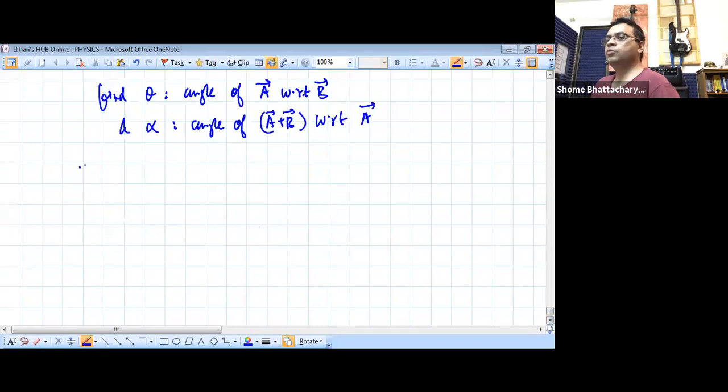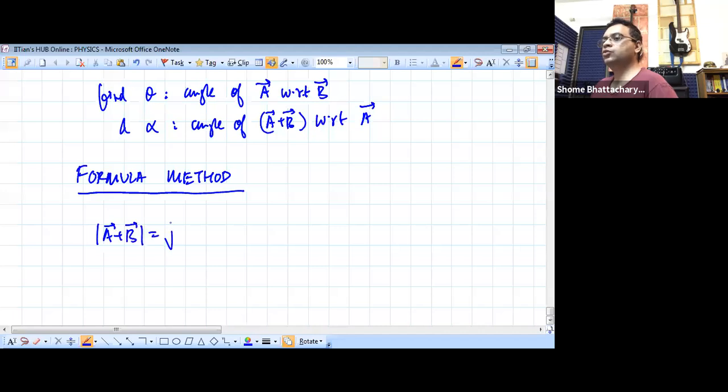If I go by the formula method, as of now I will get stuck. I'll show you why I will get stuck. I'll teach this next part to you today. But if you go by the formula method, as of now I'll get stuck because I'll use the formula: magnitude of A plus B should be equal to root of A square plus B square plus 2AB cos theta.